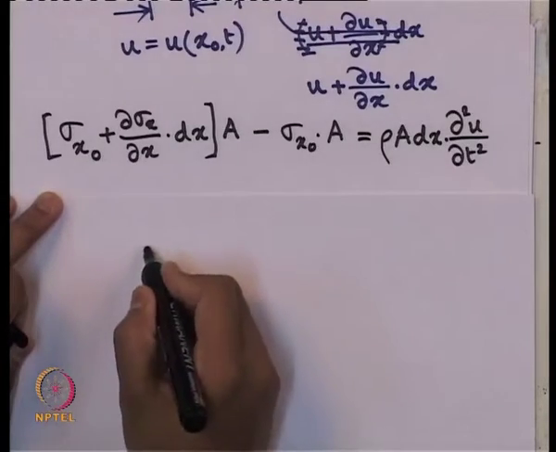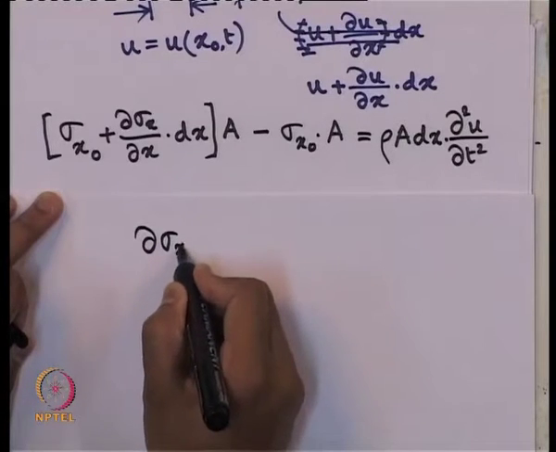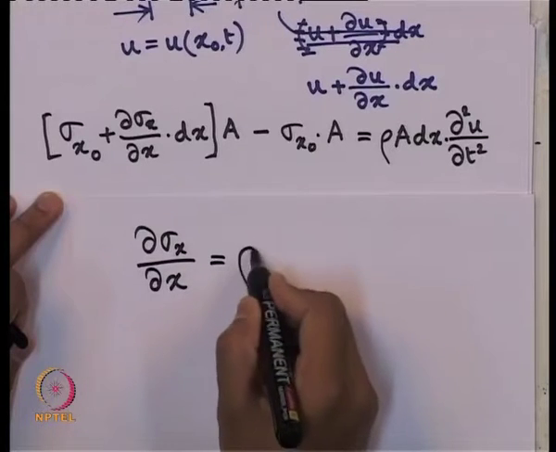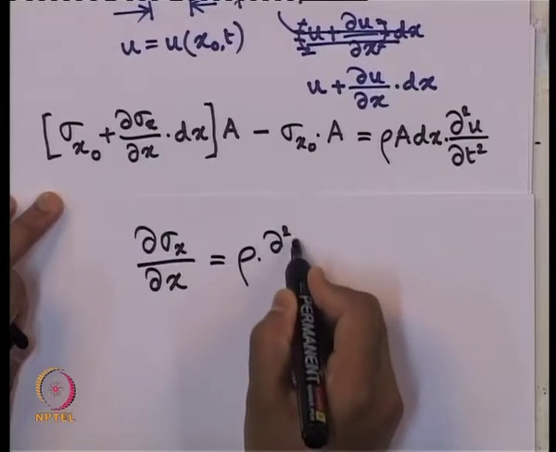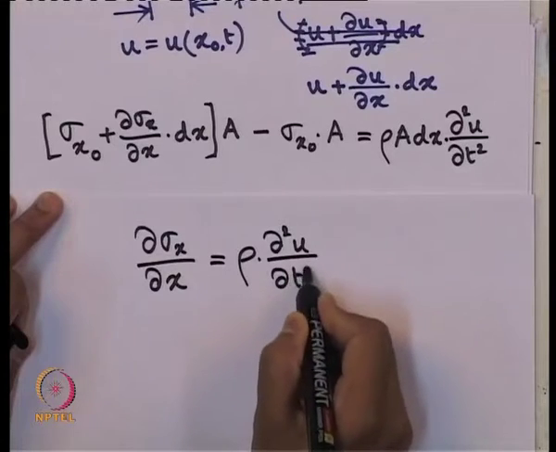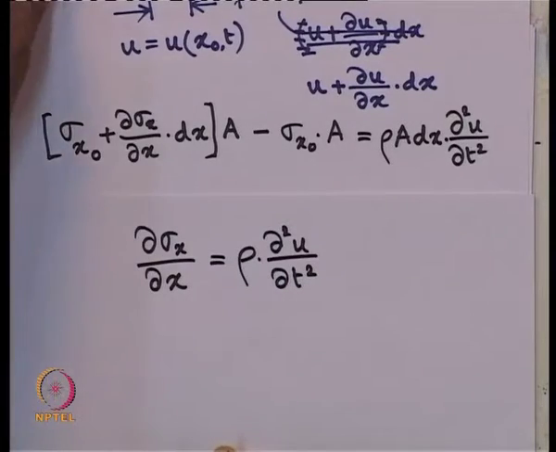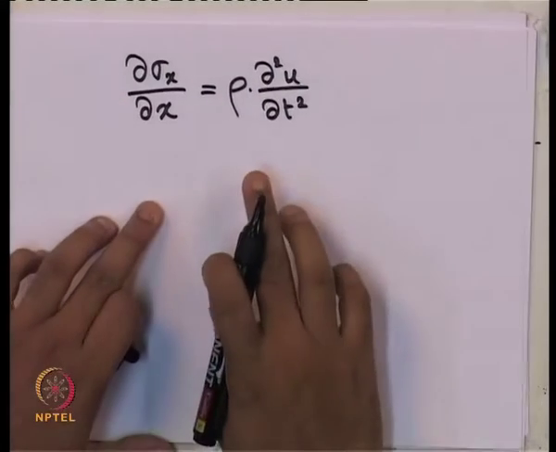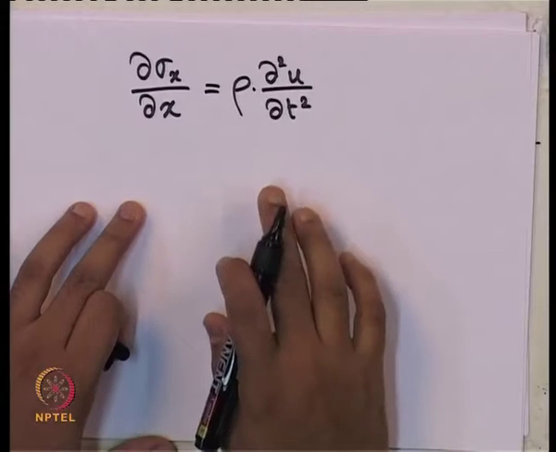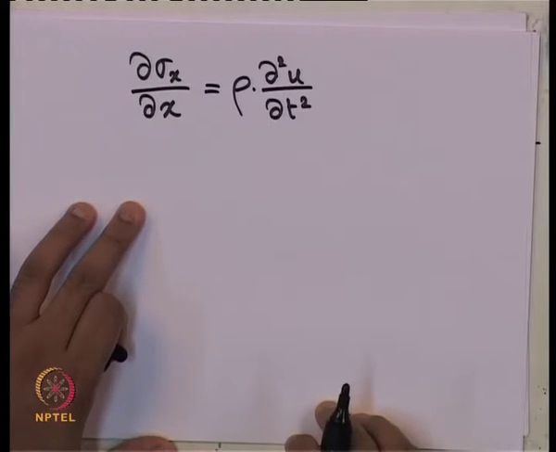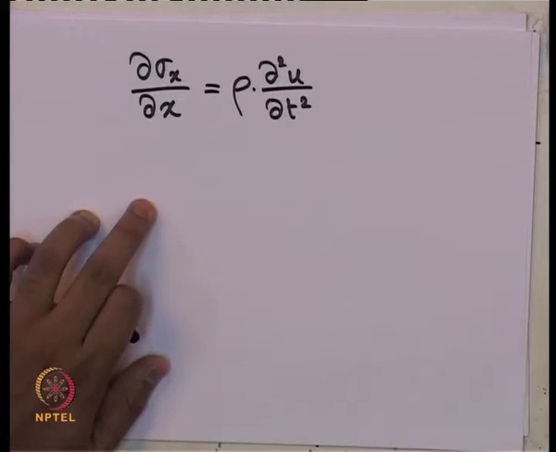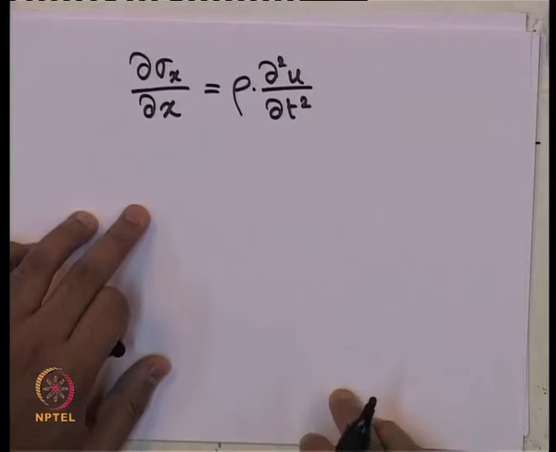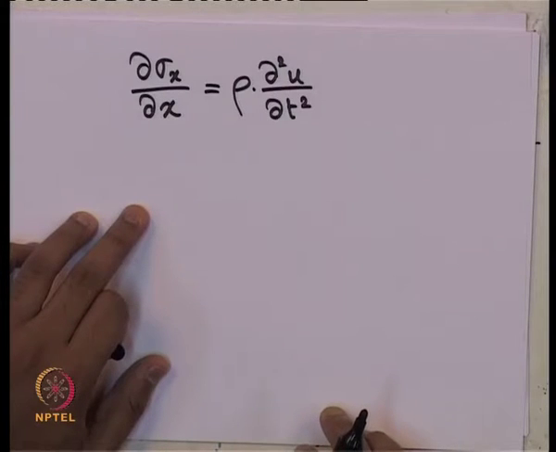We can write it as del sigma x del x equals to rho times del 2 u by del t square. So, this is called basic equation of motion in one dimension for a wave propagation. So, this is basic equation of motion for longitudinal wave traveling in one dimension.